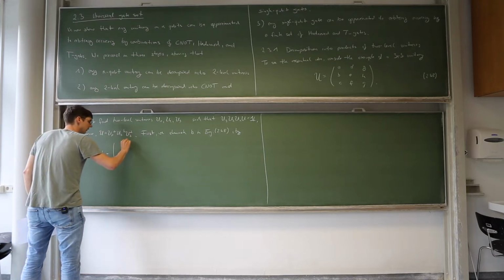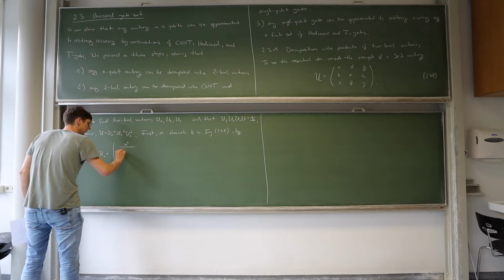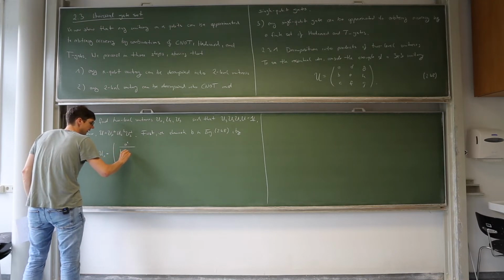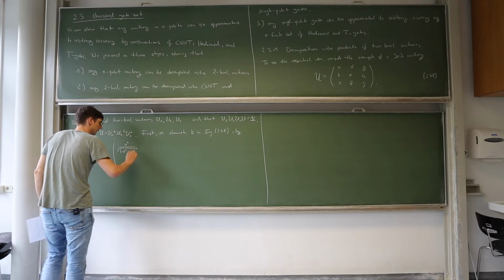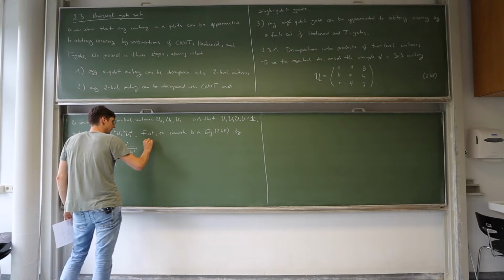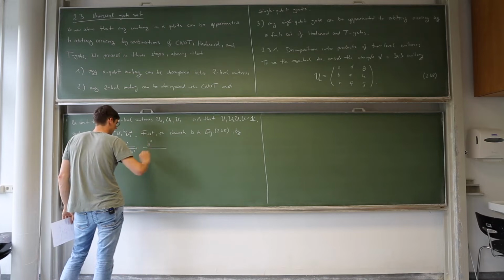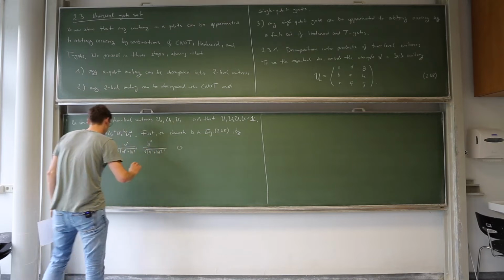Okay, now let me write this down. We have A complex conjugated divided by the square root of modulus A squared plus modulus B squared. Then we have B complex conjugated divided by the square root of modulus A squared plus modulus B squared. Then we have 0.